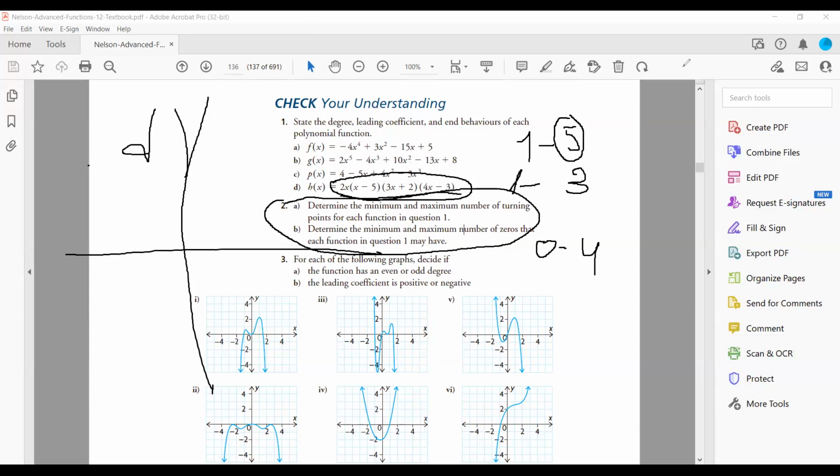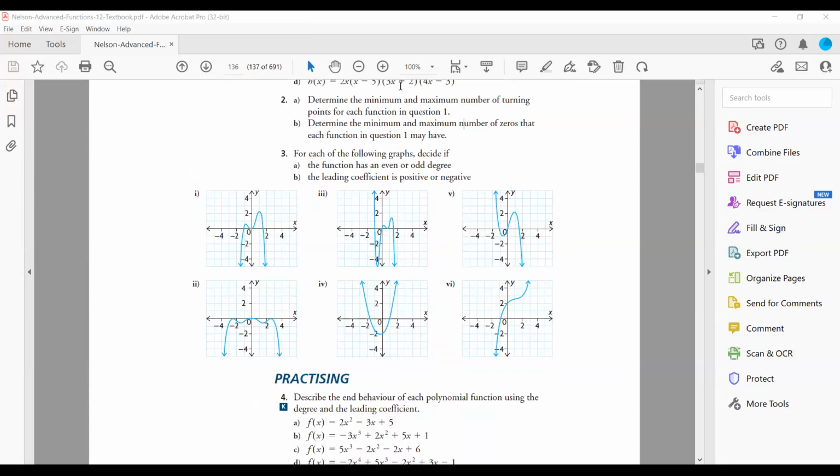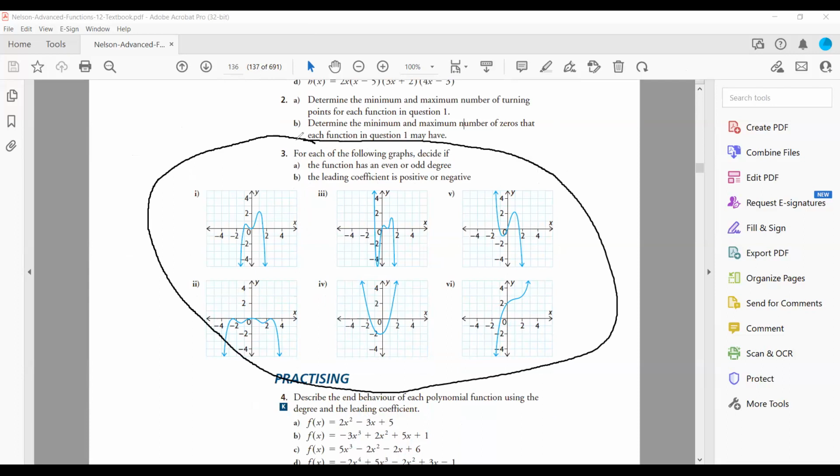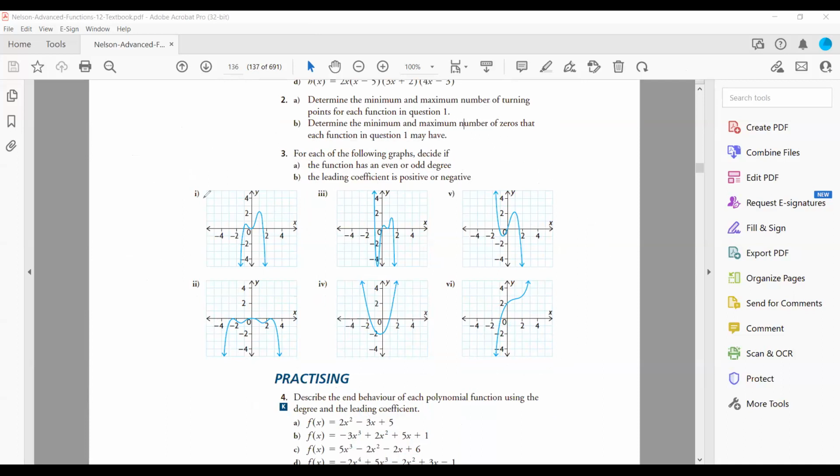Yes, sir. Okay. So to strengthen our understanding, let's take a look at the question number 3. For each of the following graphs, decide if A, the function has an even or odd degree, B, the leading coefficient is positive or negative. So in the first example, I can see that both end behaviors of my function are negative infinity.